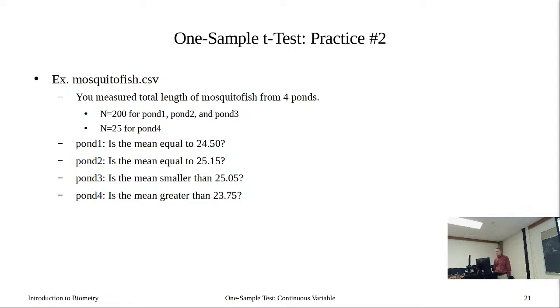What I want you to do is download that file, get it into R, and then answer these questions. For pond 1, is the mean equal to 24.5? For pond 2, is the mean equal to 25.15? For pond 3, is the mean smaller than 25.05? And for pond 4, is the mean greater than 23.75?